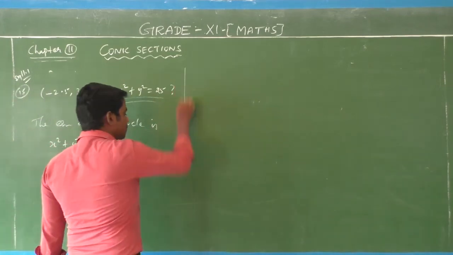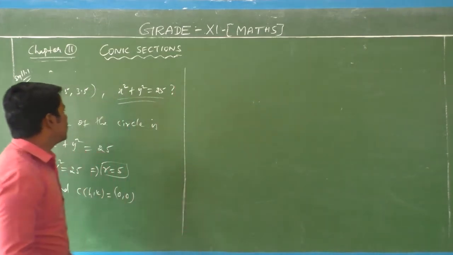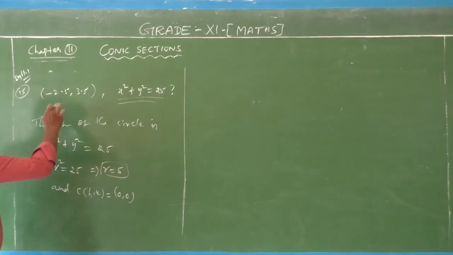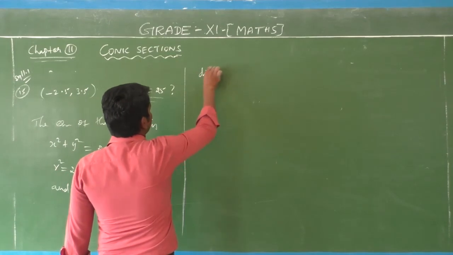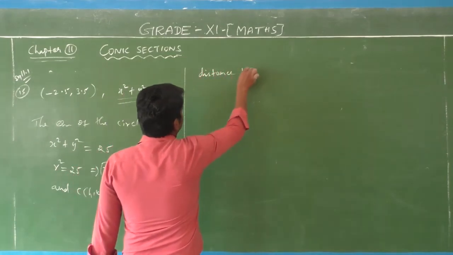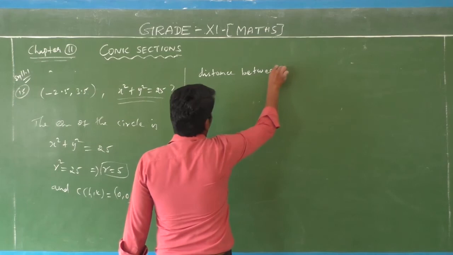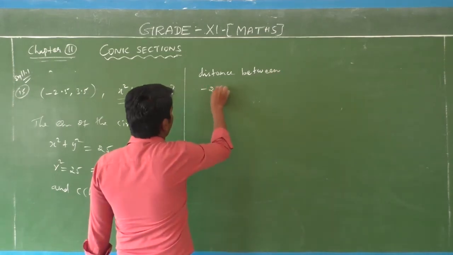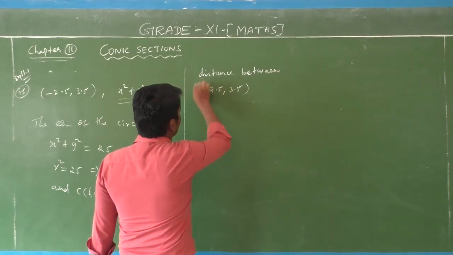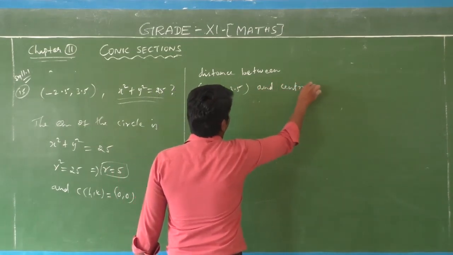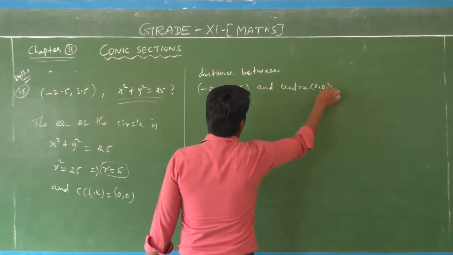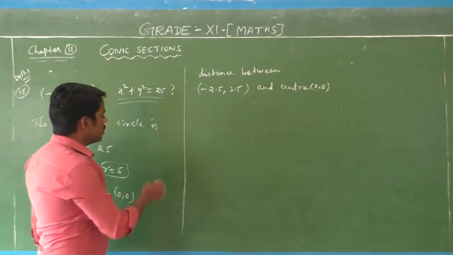We know that we need the distance between the point (minus 2.5, 3.5) and the center (0, 0).